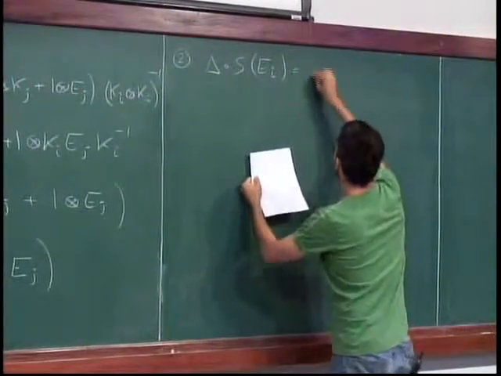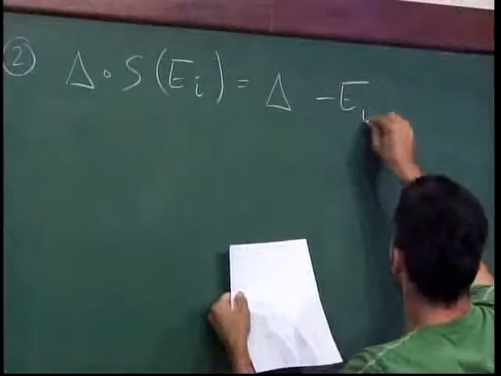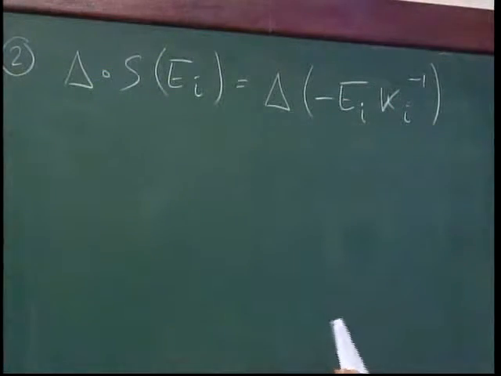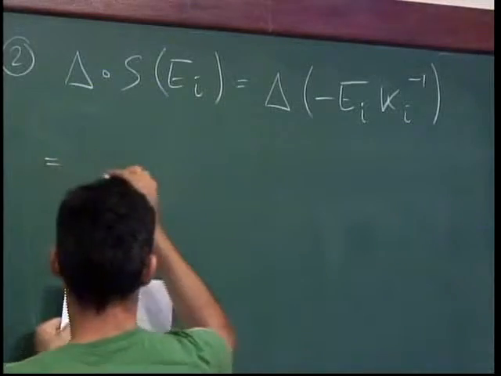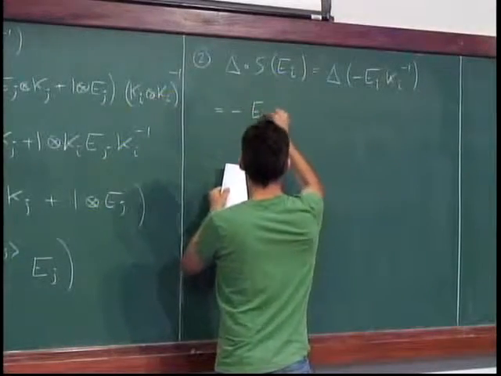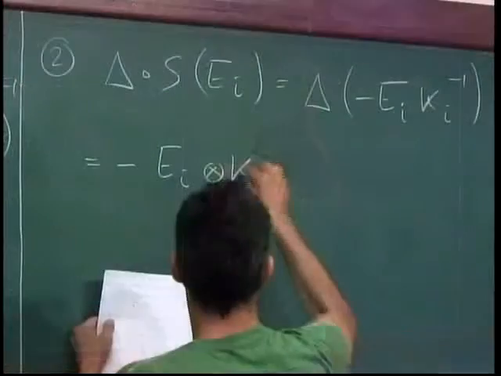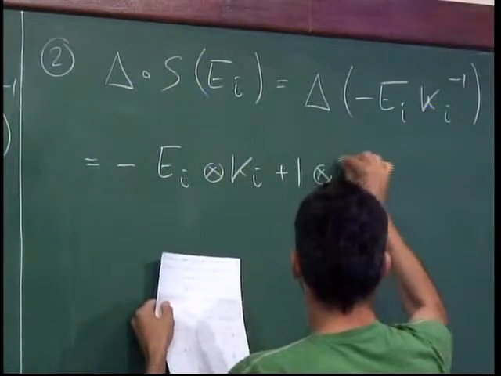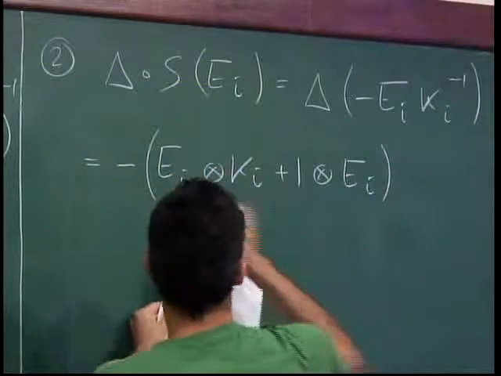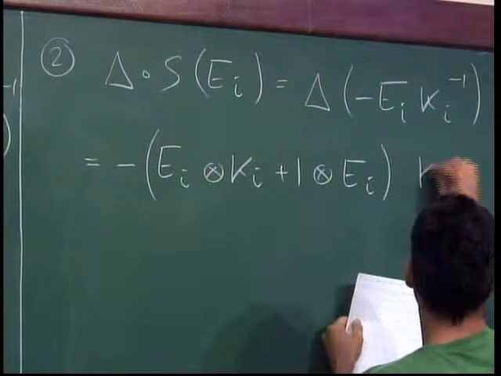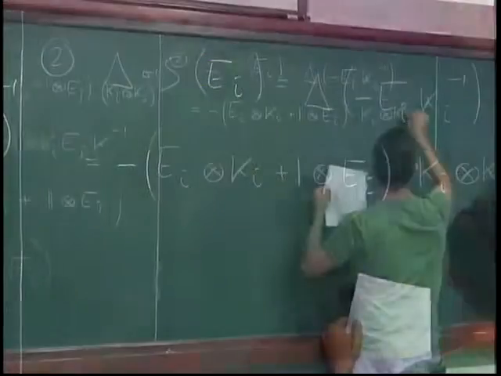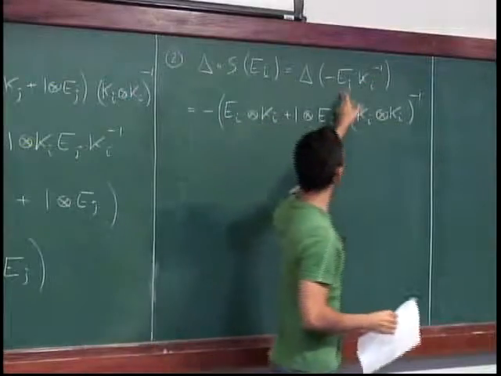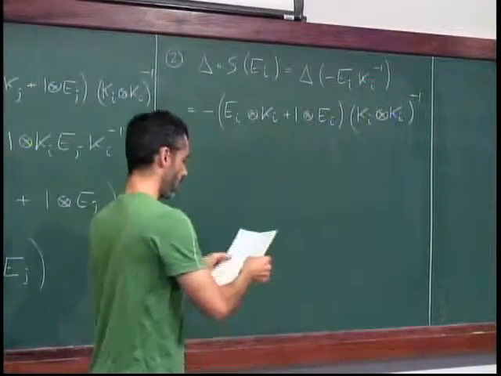So that's delta of minus ei ki inverse, which is, by definition, minus ei tensor ki plus 1 tensor ei, all that times ki tensor ki inverse. When I apply delta to this and to that, that's what I get.